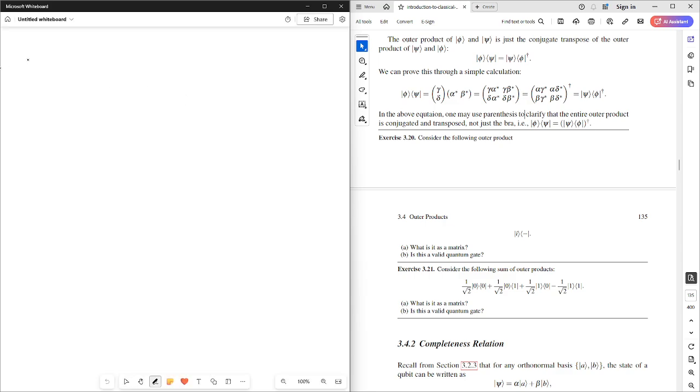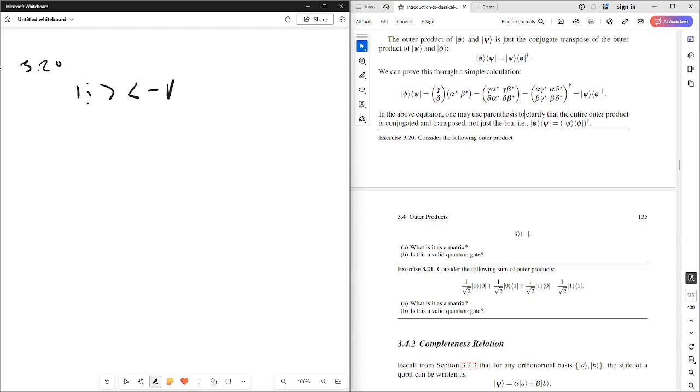All right, so exercise 3.20. So we have I and we have minus. What is the outer product between these two?